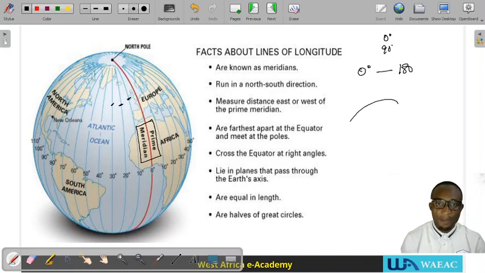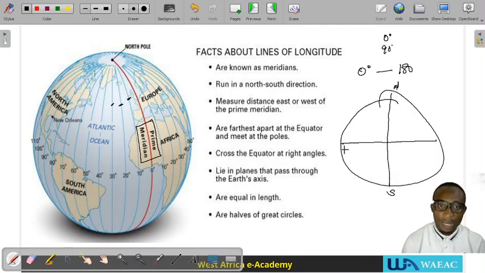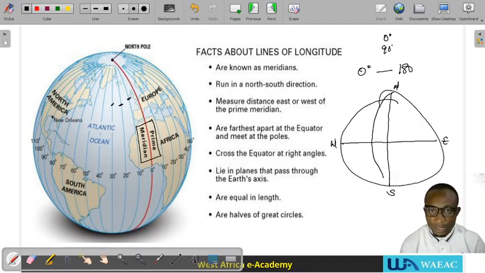So if I have a sphere, which I told you will be in form of a circle, and I introduce my polar axis, that is from north to south, and my west-east axis, my longitude will be in this form. Before I draw any longitude, I need to draw the PM, that is the prime meridian.